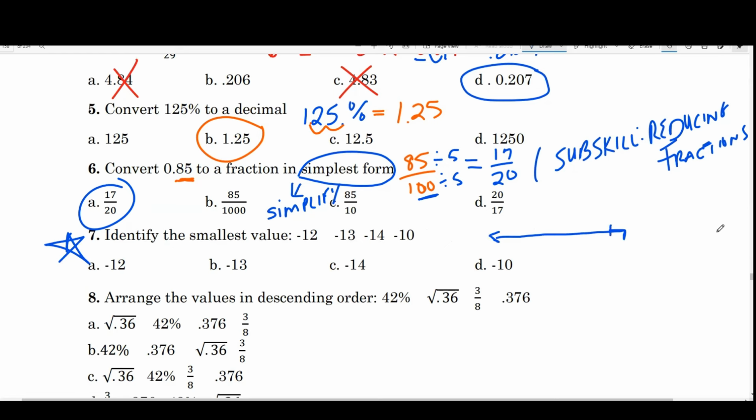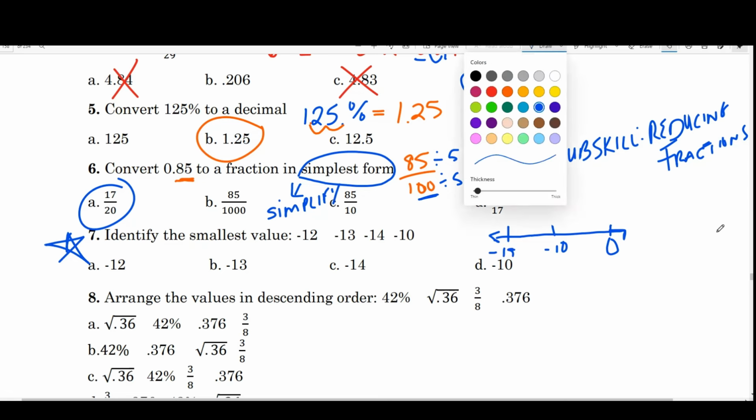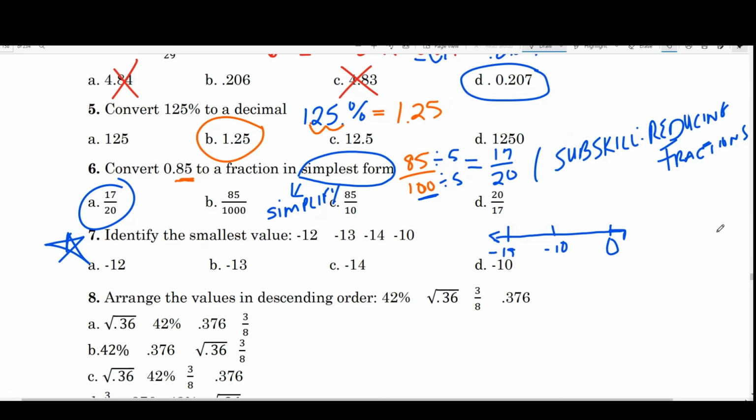and we had 0, right? And let's just say we had -10, and then we had -15. All right, well, I know -10 is here.